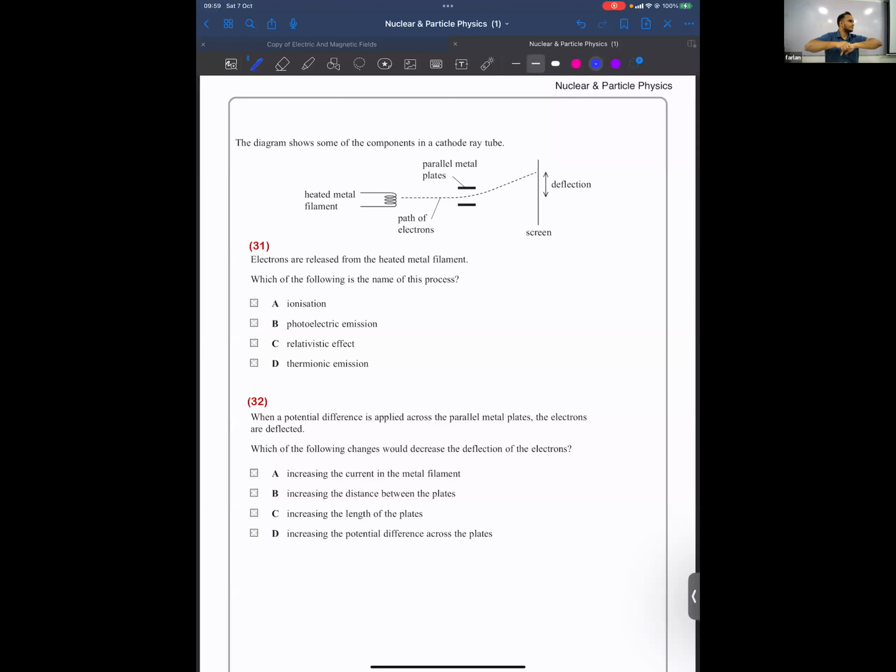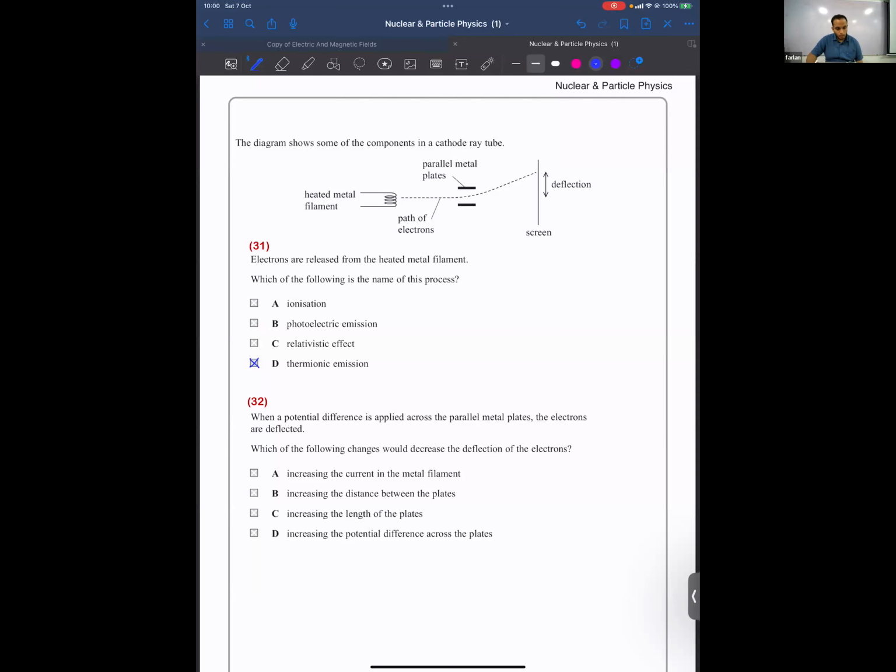The diagram shows some of the components in a cathode ray tube. Electrons are released from the heated metal filament. Which of the following is the name of this process? That is once again thermionic emission. The electrons releasing from a heated filament is what you call thermionic emission.